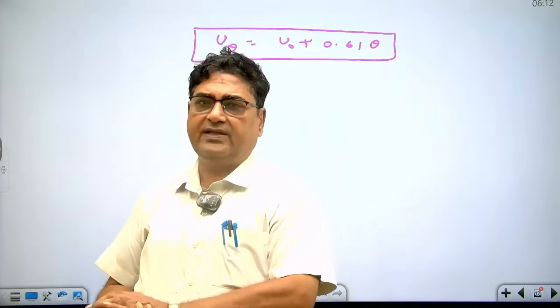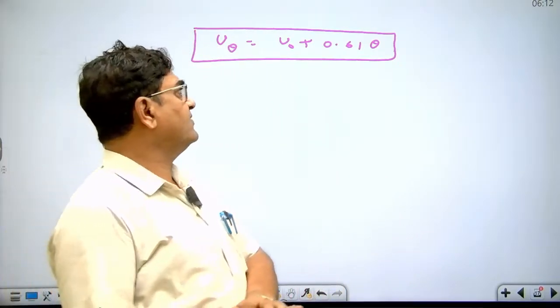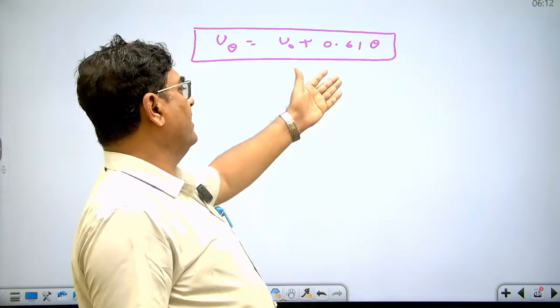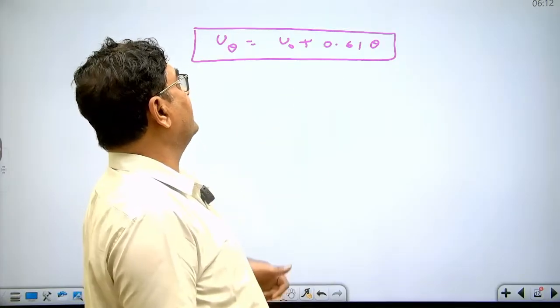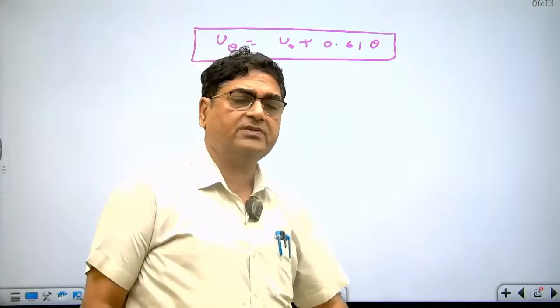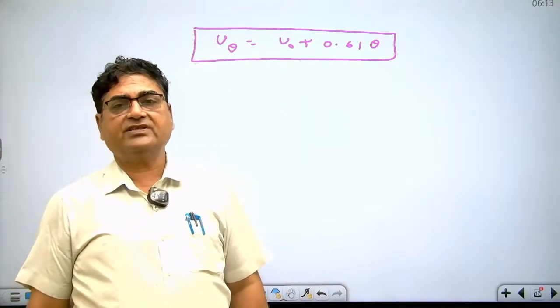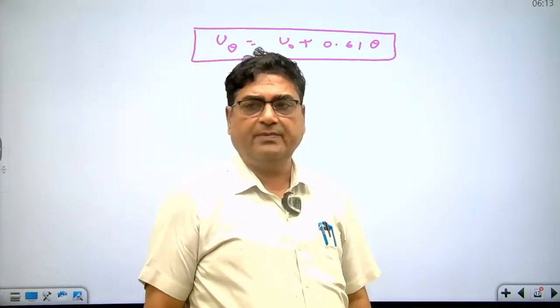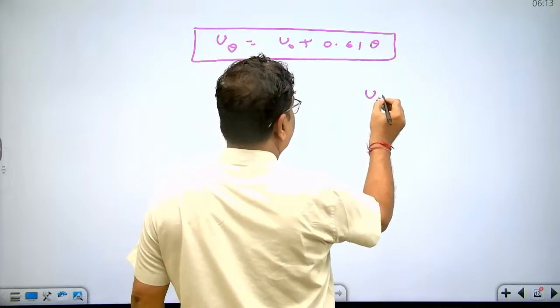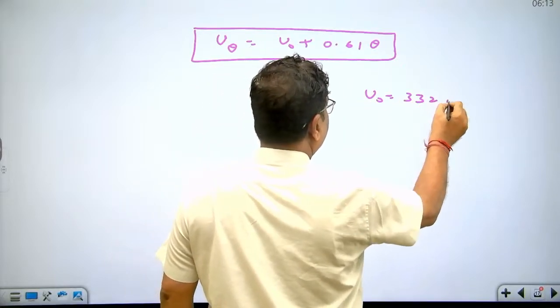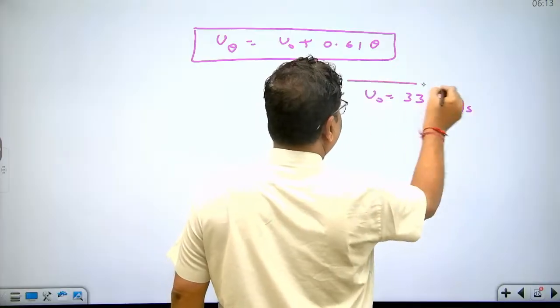Like if temperature increases by 1 degree centigrade, then we can say speed of sound will increase by 0.61 meter per second, okay? Remember, speed of sound at 0 degree centigrade is 332 meter per second.